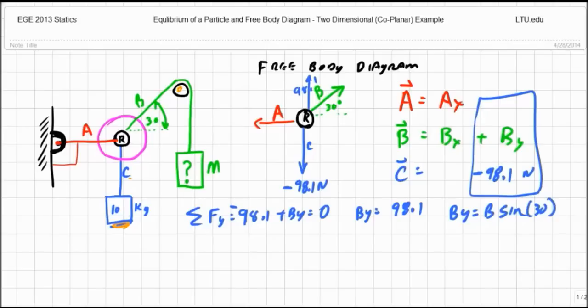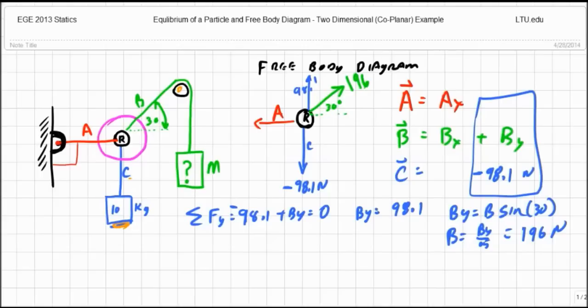Given that, I can determine that B is B y divided by sine 30, so that's 98.1 over 0.5, and that's equal to 196 newtons. So I know that's 196 newtons.